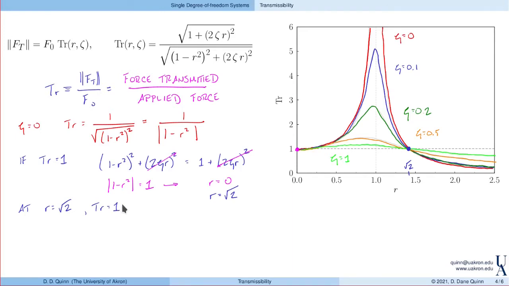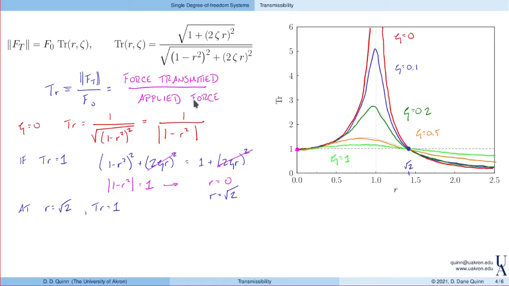Well, let's go back and think physically about what this means. The transmissibility is the ratio of the transmitted force to the applied force. So if TR is 1, then the force transmitted to the ground is exactly the same as the applied force.